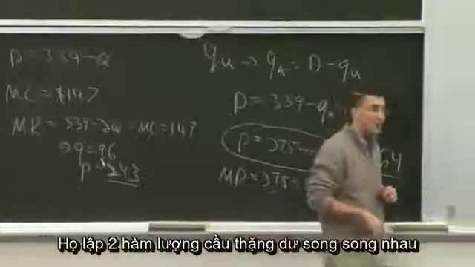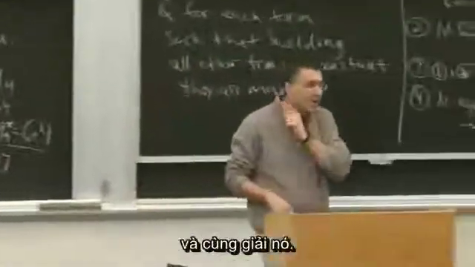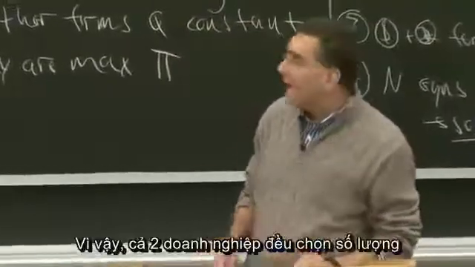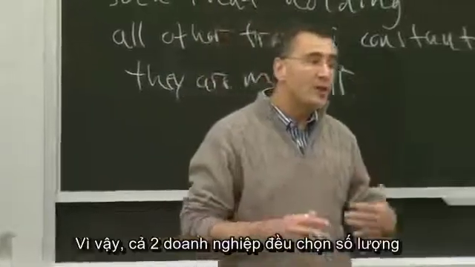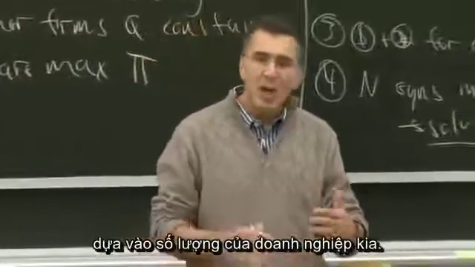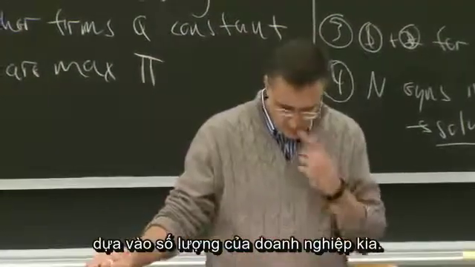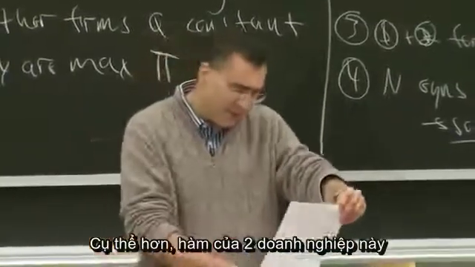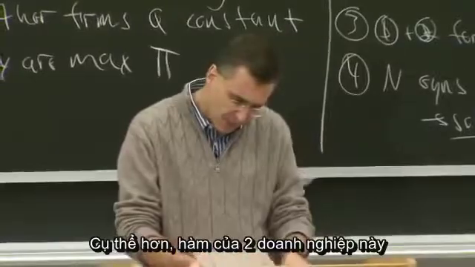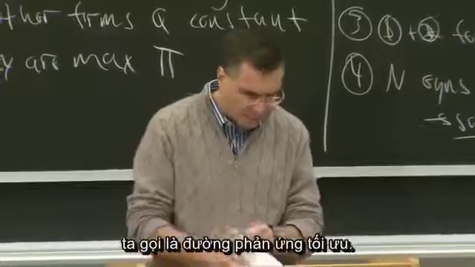They're making a parallel residual demand function, and they are solving as well. And both firms, therefore, end up with choices of quantities that depend on the other firm's quantity. In particular, what they're developing is what we call a best response curve.